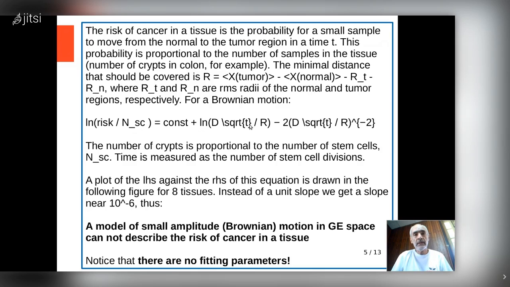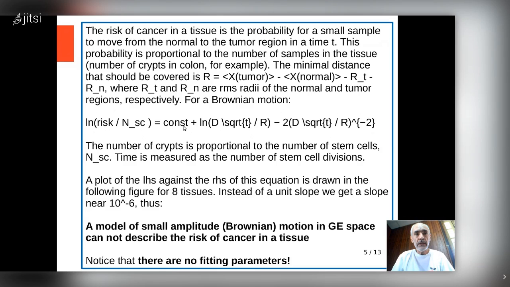Then time is the number of replications, the number of generations. For example, if we have the replication rate, we multiply it by the age of the patient, and then you get approximately the number of replication steps.